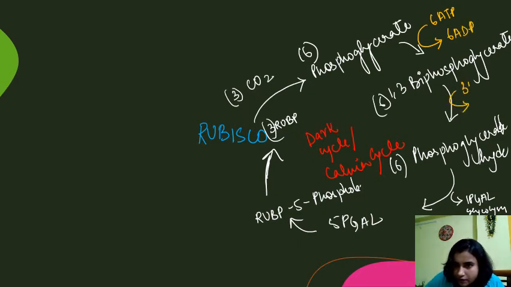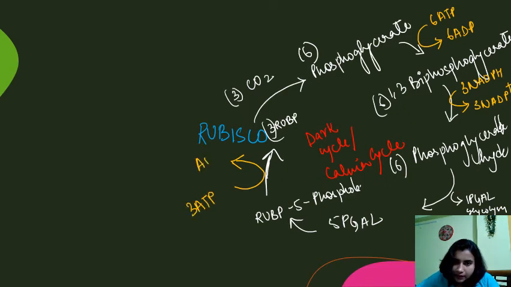Here 3 NADPH change to 3 NADP positive, and here again 3 ATP will convert to ADP. So this is for 3 carbon dioxide, and to form glucose we need 6 carbon, so this cycle has to go for 2 rounds.